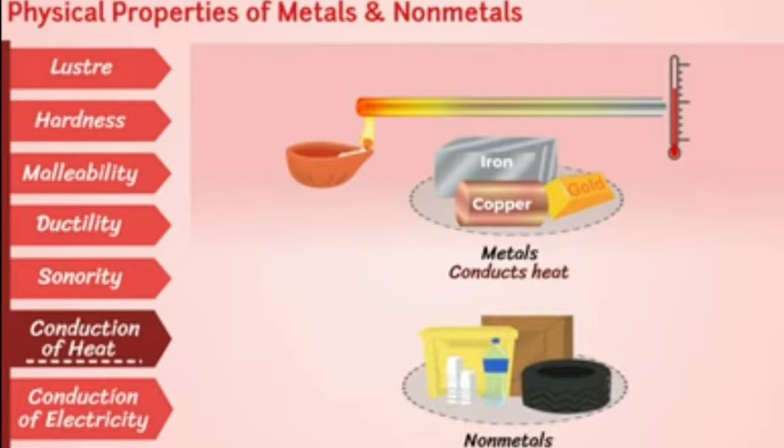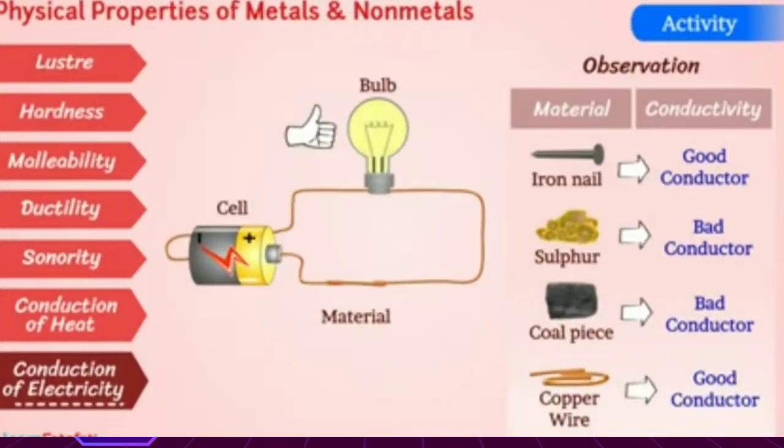Examples are given: iron, copper and gold all conduct heat, whereas plastic, rubber, wood, all non-metals, are poor conductors of heat. See the next property, conduction of electricity. Metals are good conductors of electricity, whereas non-metals are bad conductors. See the example, iron nail and copper wire are good conductors, whereas sulfur and coal piece are bad conductors of electricity.